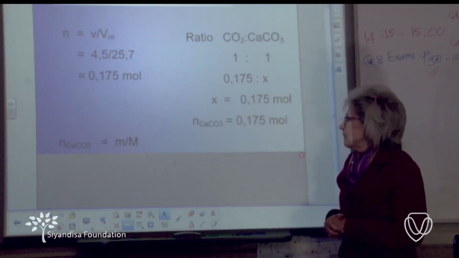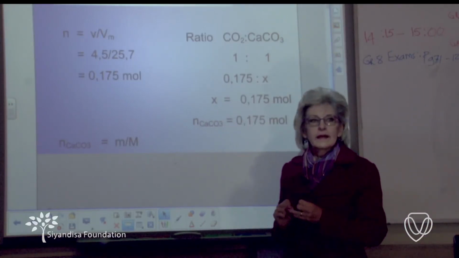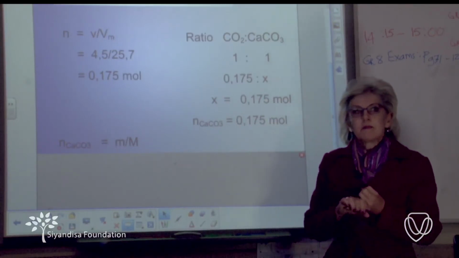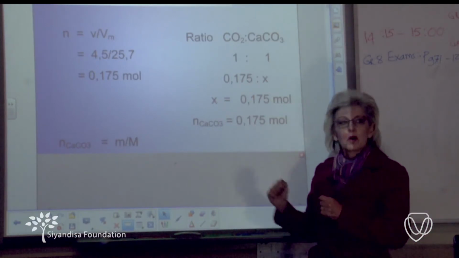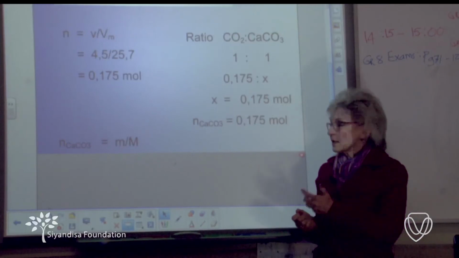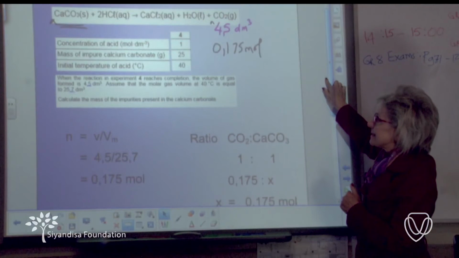Now, if I know the amount of mole, I've got two formulae that I can use to convert mole back. The one is mass and the other one is volume. But we do not use volume for calcium carbonate, and the reason simply being, as you have seen on the balanced equation, calcium carbonate is a solid.